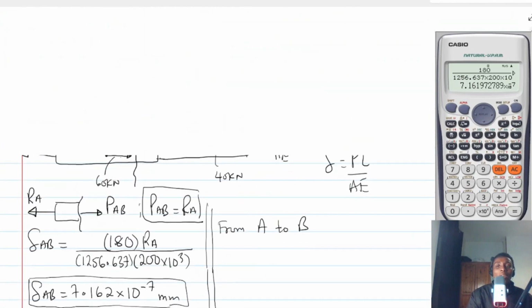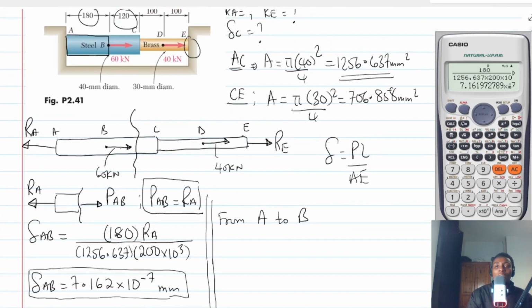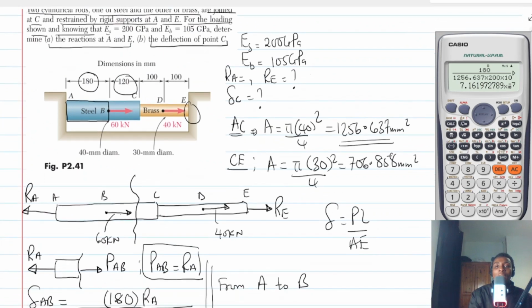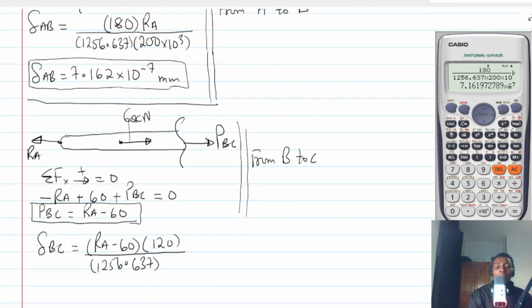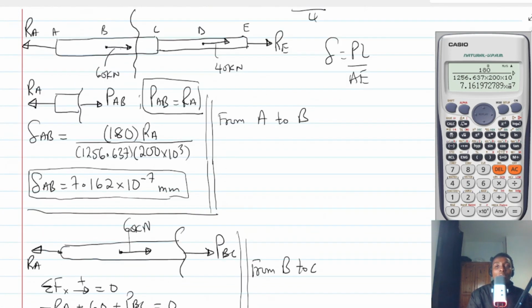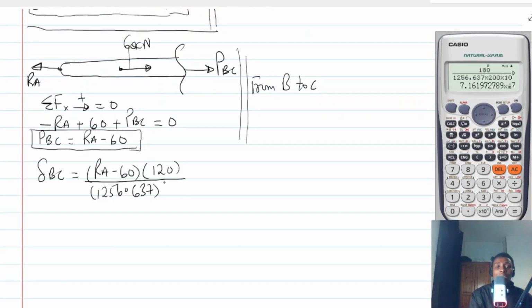The area of AC is the same, so you don't need to calculate the area again. It's going to be 1256.637. And E is the same thing because it's also steel, 200 times 10 to the power 3.